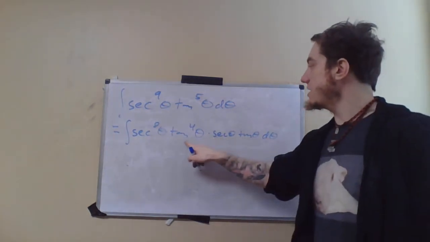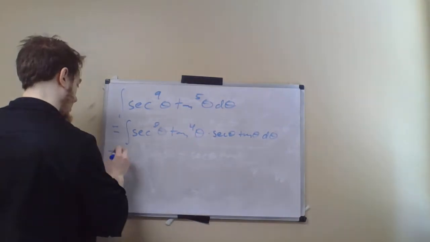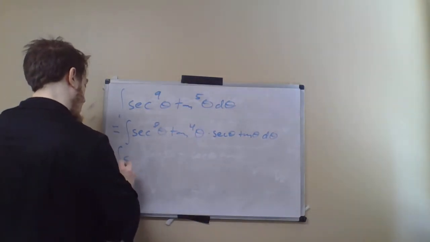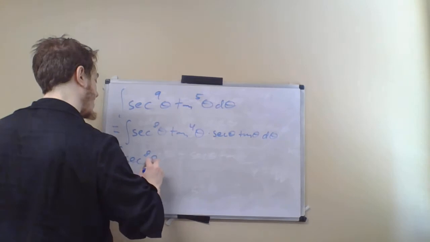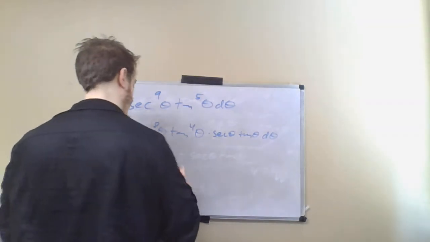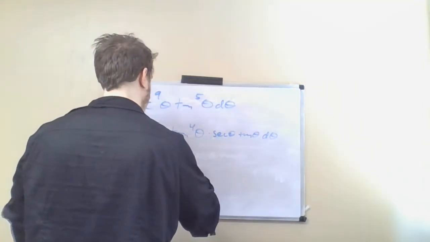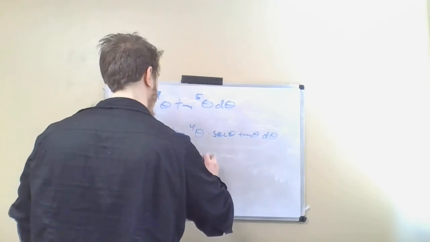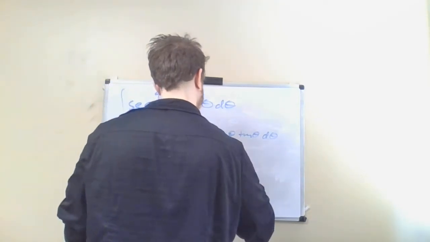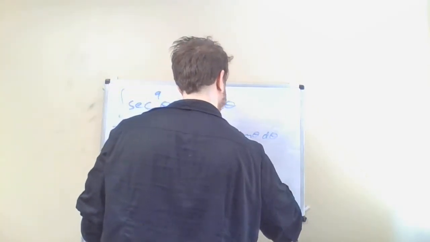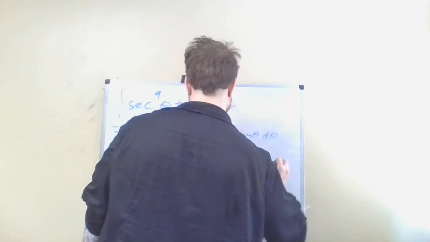And now what I can do is say, well, this is actually the integral of secant to the 8th theta times (1 plus tangent squared theta) squared, times secant theta tangent theta d theta.